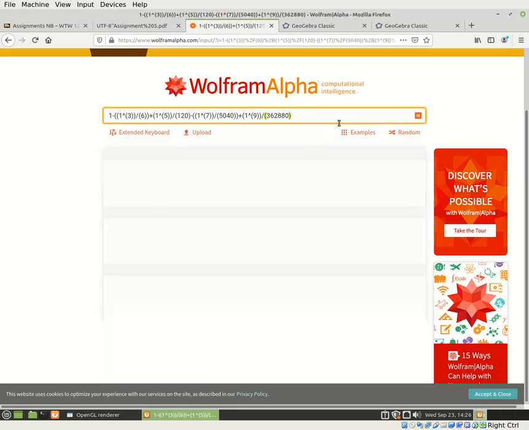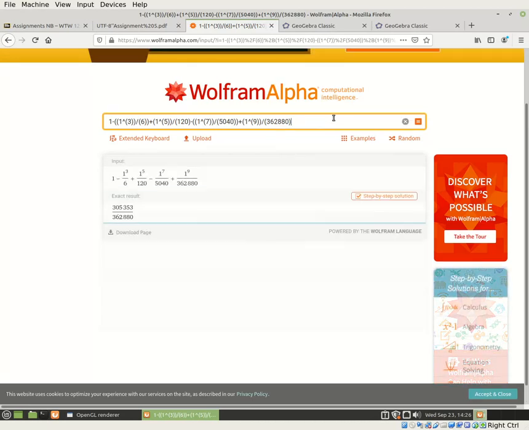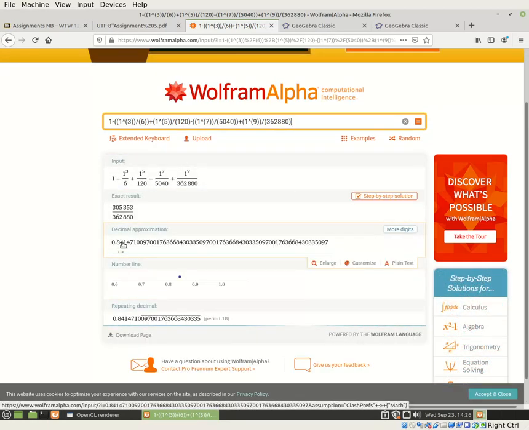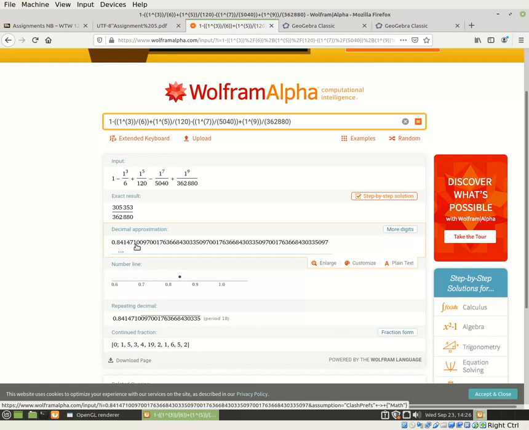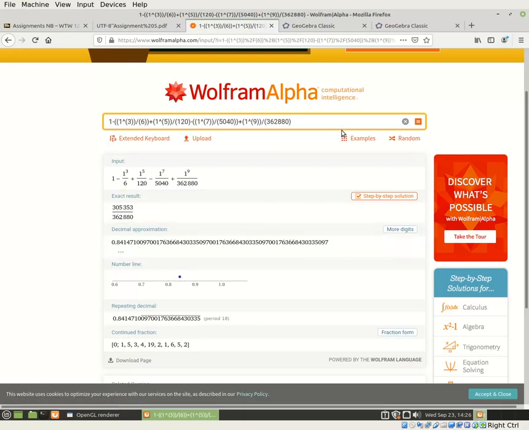Let's see if we get that or something similar. So let's plug that in. 0.841471. Okay, so somehow this polynomial is able to give an approximation for the sine of 1, which is really quite magical.